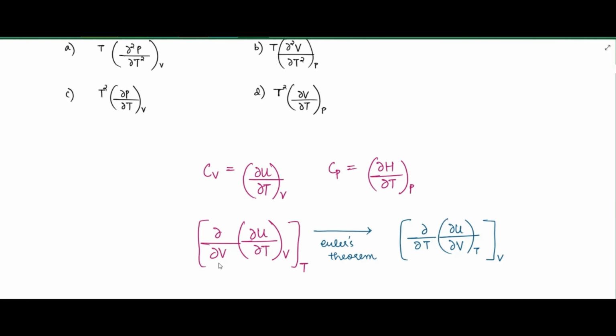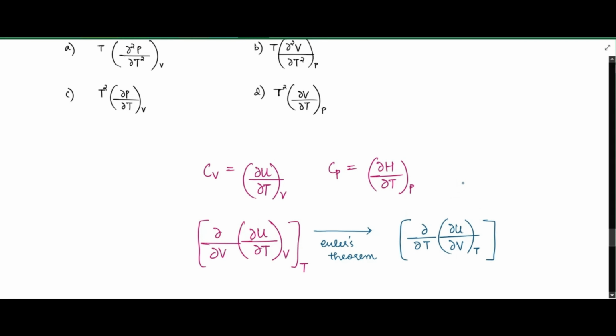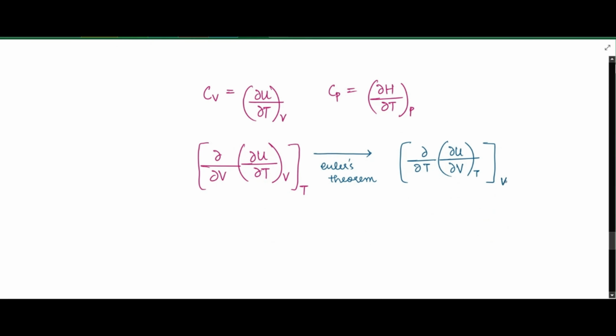Yes, I wrote it like this. Now, what is this thing called? We saw it earlier in the question. What is that? Dou U by dou V at constant T. It's the internal pressure, phi.